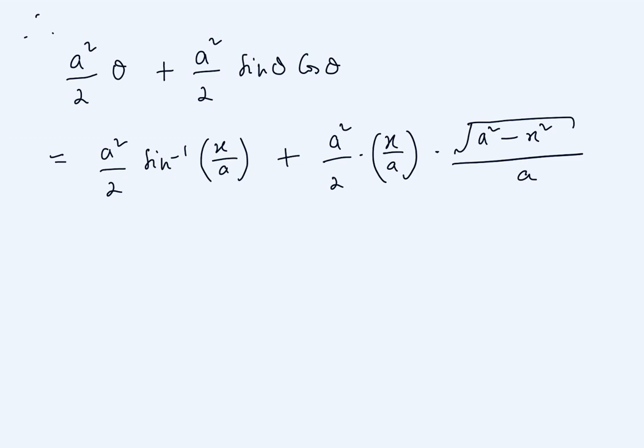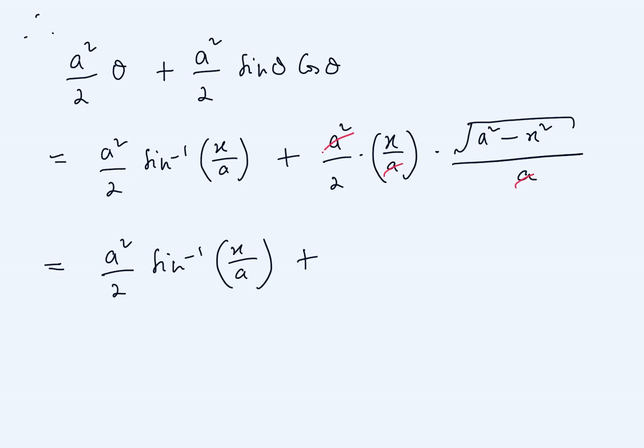Then we can go ahead and simplify this. When we simplify, the first term stays the same. It's a squared over 2 multiplied by the sine inverse of x over a, plus, now over here, the a's at the bottom multiply, they give you a squared, and this a at the top cancels out with this a squared at the bottom.